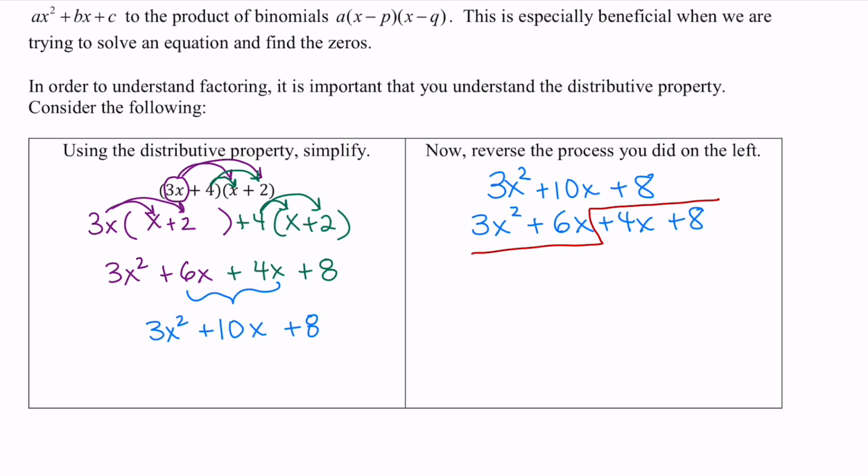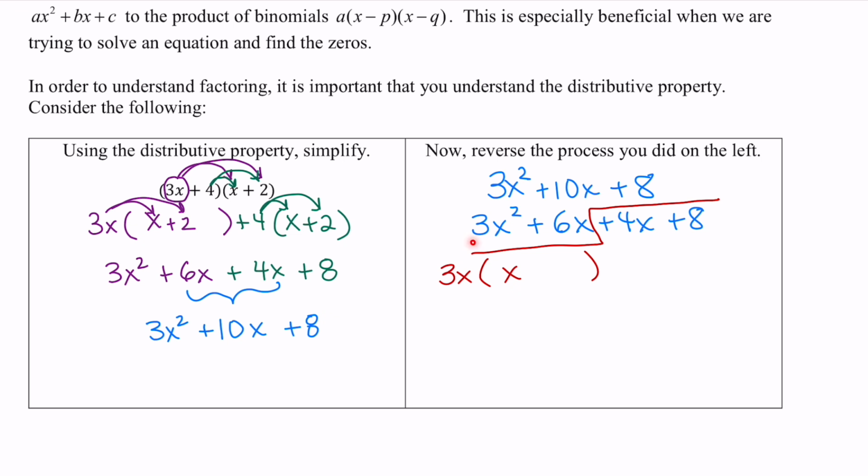We have 3x squared plus 6x. We're looking for a number that will divide evenly into both 3 and 6. Since 3 is a factor of both 3 and 6, and both of these have an x, we're going to pull out a 3x, and then we're going to leave an x. Instead of multiplying in, we're going to divide it out.